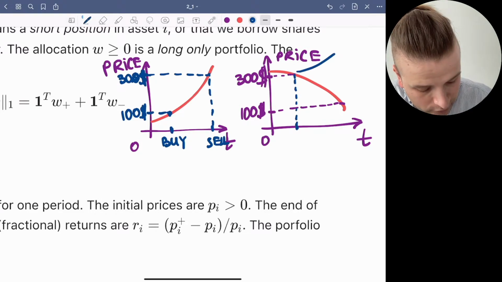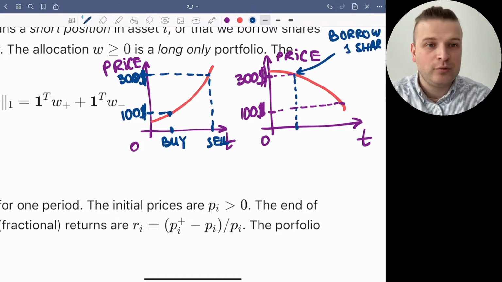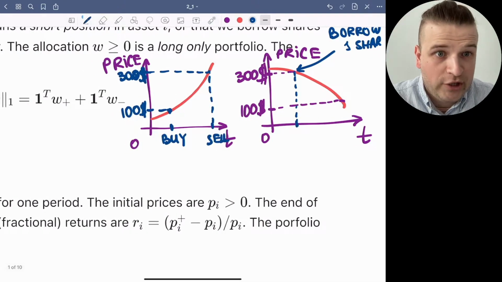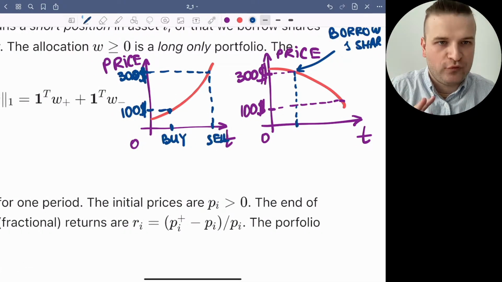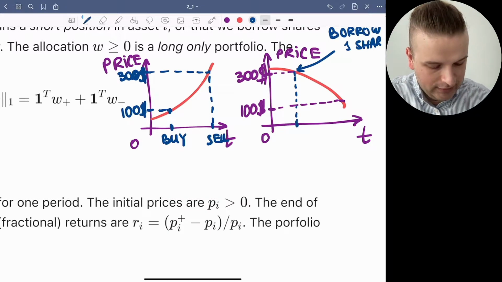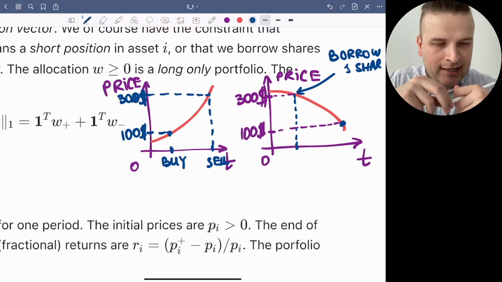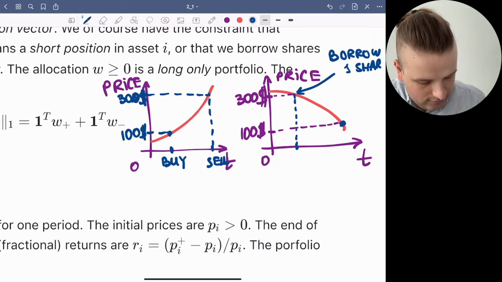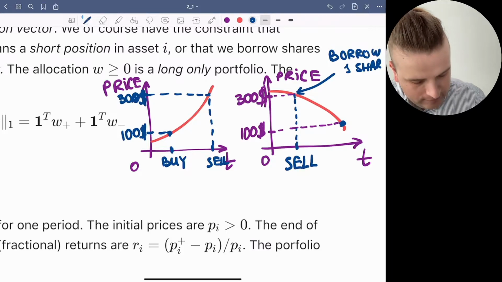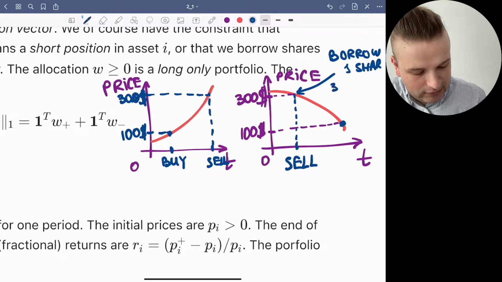Here you borrow one share, but you have to return the share a little bit later, for sure with some commission. That's how the broker earns their money, but still we can borrow this share, and at this exact time we are selling it instead of buying as in the previous example, and we have $300 here.